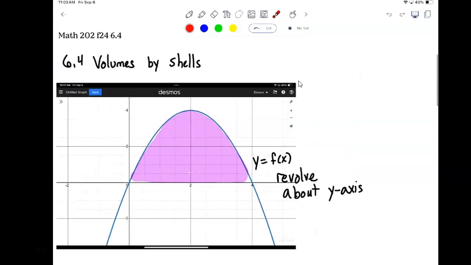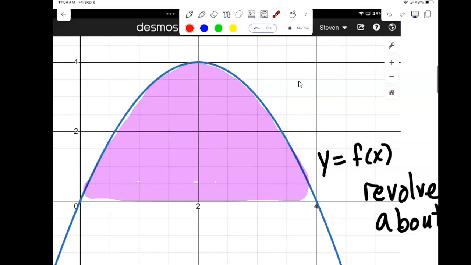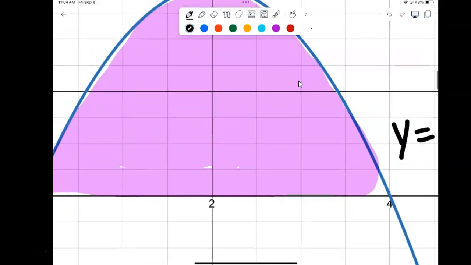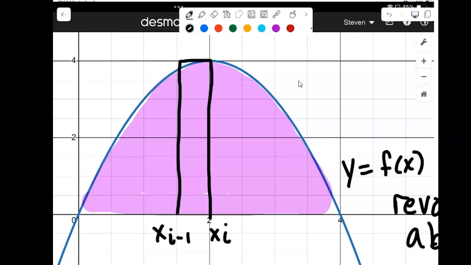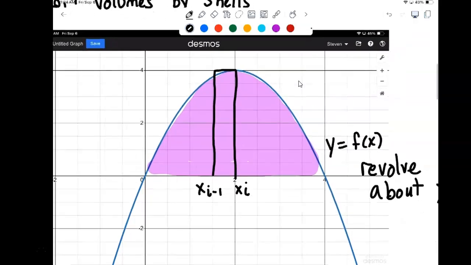So instead, we once again subdivide. So looking inside here at, say, the ith interval, x sub i minus 1 to x sub i. What I'm going to do is look at this rectangle, the one that runs not perpendicular to the y-axis like we did with washers, but parallel to the y-axis.